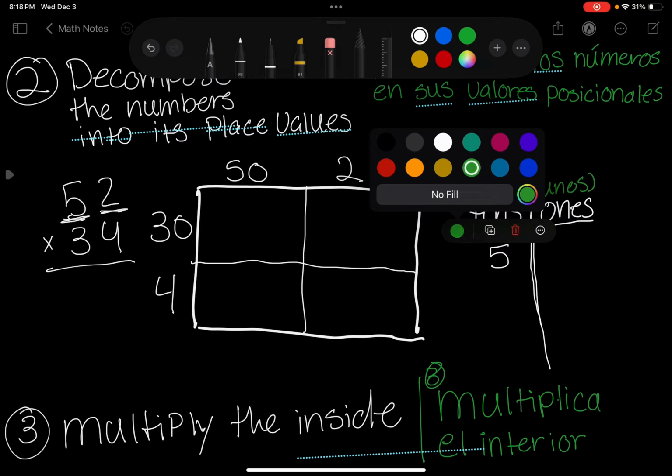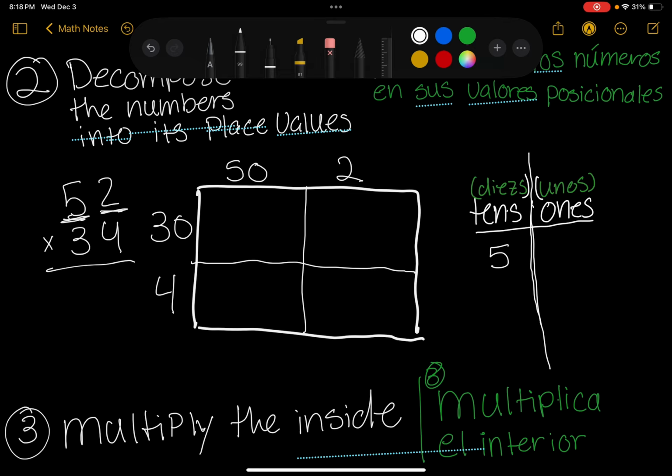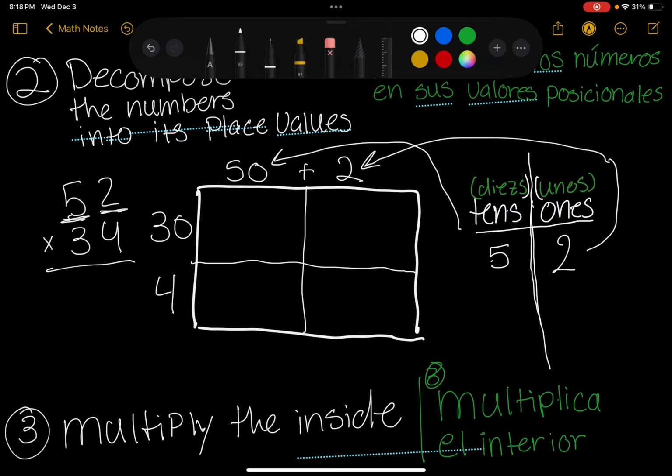Okay, now what I want you guys to do is just write 50 and 2. Now 5 tens is the same as me saying 50. 5 tens is 50. 2 ones is the same as me saying 2. So 52 is 50 plus 2.